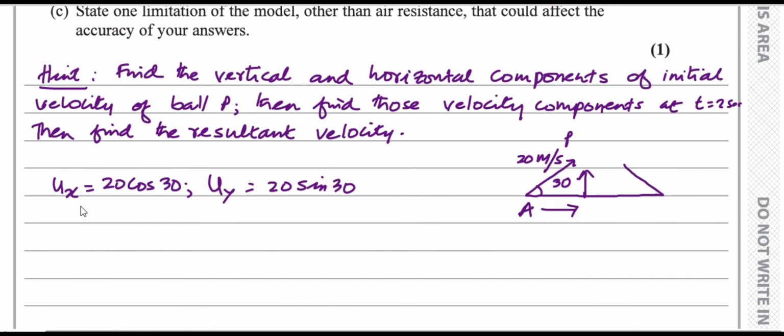Now we need to figure out these velocities after 2 seconds. Let's call them Vx and Vy. Okay, so Vx will be equal to ux plus acceleration times time taken. Vy will be equal to uy plus acceleration times time taken.